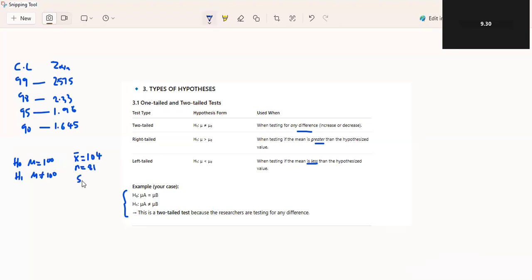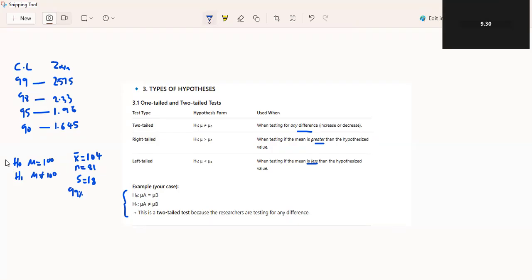The standard deviation is 18. Test if there's a difference at 99% confidence level. So the hospitals are claiming that only 100 people die of COVID monthly. Then we sampled 81 clinics with a standard deviation of 18, and we found that actually 104 died. Is there a difference between the two, or is it negligible?